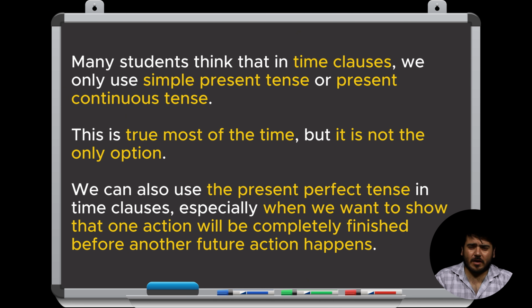Many students think that in time clauses we only use simple present tense or present continuous. This is true most of the time, but it's not the only option. We can also use the present perfect tense in time clauses, especially when we want to show that one action will be completely finished before another future action happens.